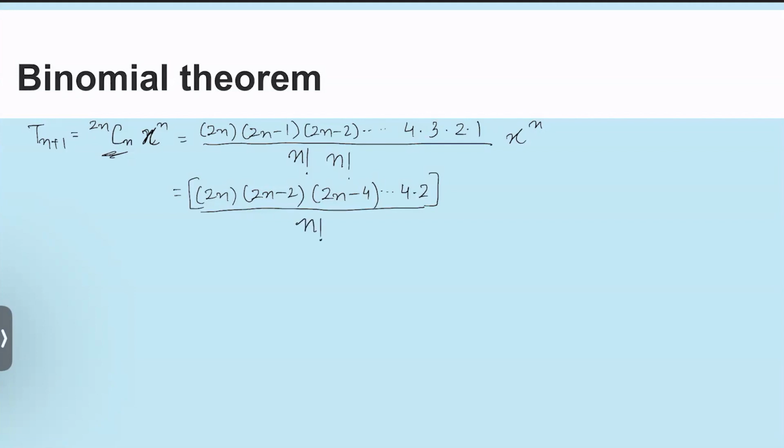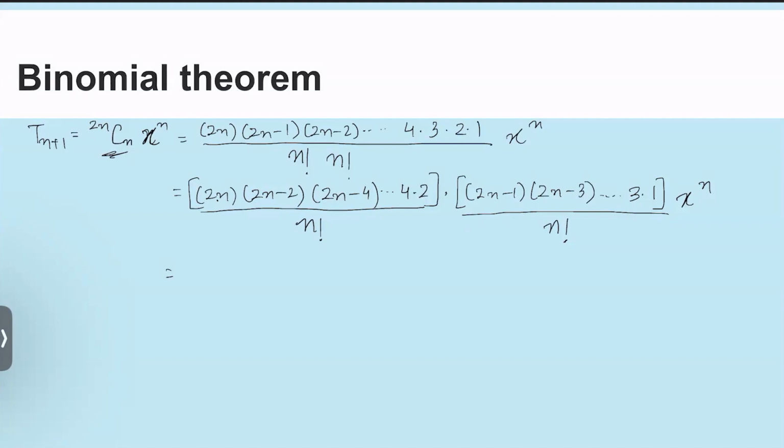Now, if we take the next one, that would be starting with 2n minus 1, 2n minus 3, all the way up to 3 into 1. And this also we are going to keep as n factorial, and then we have x raised to n. Now over here you can see that if you take 2 out, what you get is n, n minus 1, n minus 2, all the way up to 2 and 1.